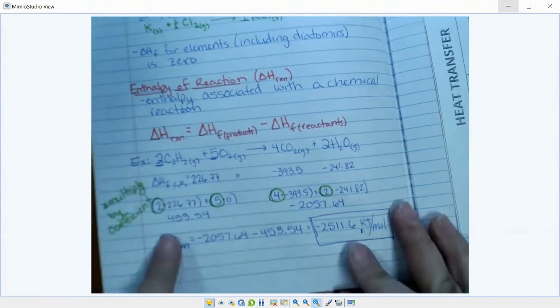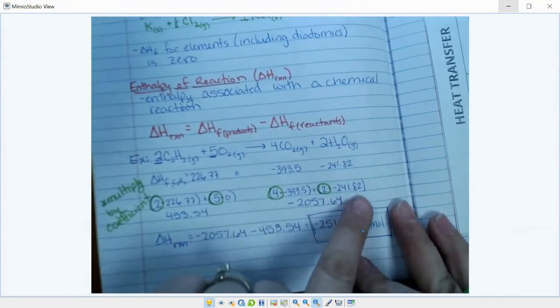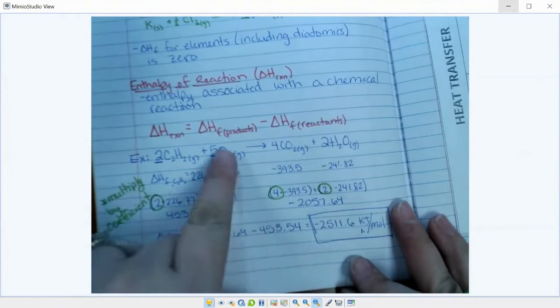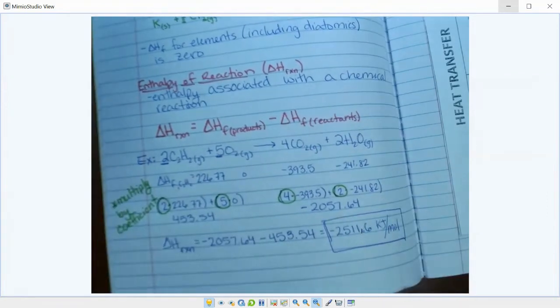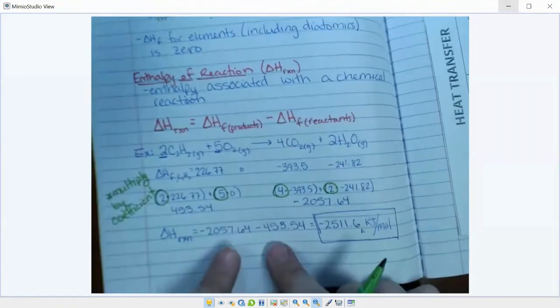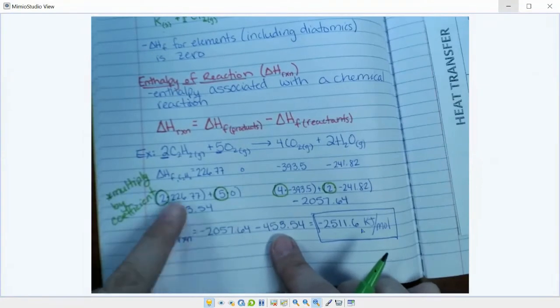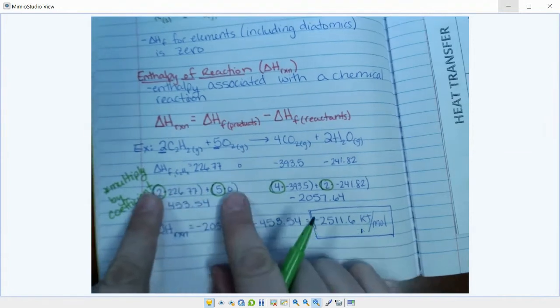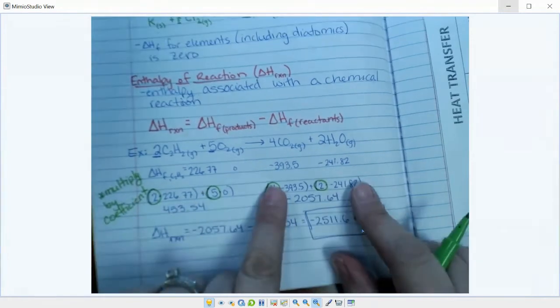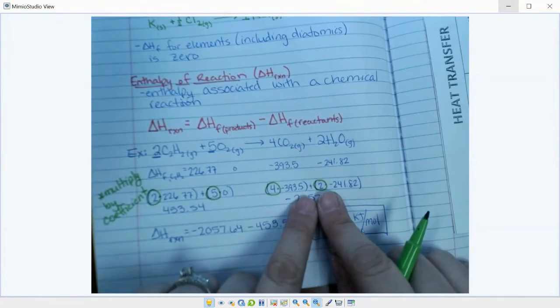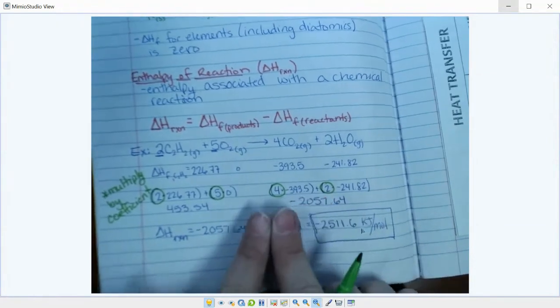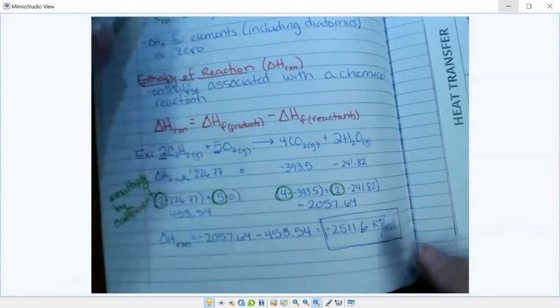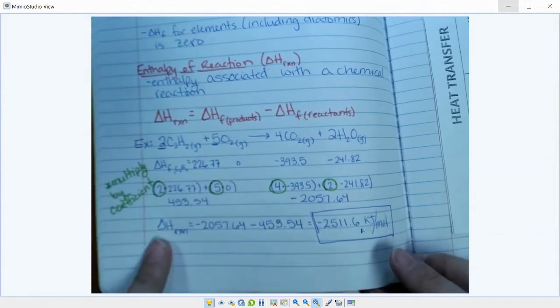You have to multiply by the coefficient in these processes to get that all put together so that you don't get these numbers being too small. So you have to multiply by the coefficient in the balanced equation, multiply by the delta HF, add together all of the reactants, do the same and add together all of the product side, and then do products minus reactants to find your overall delta H of the reaction.